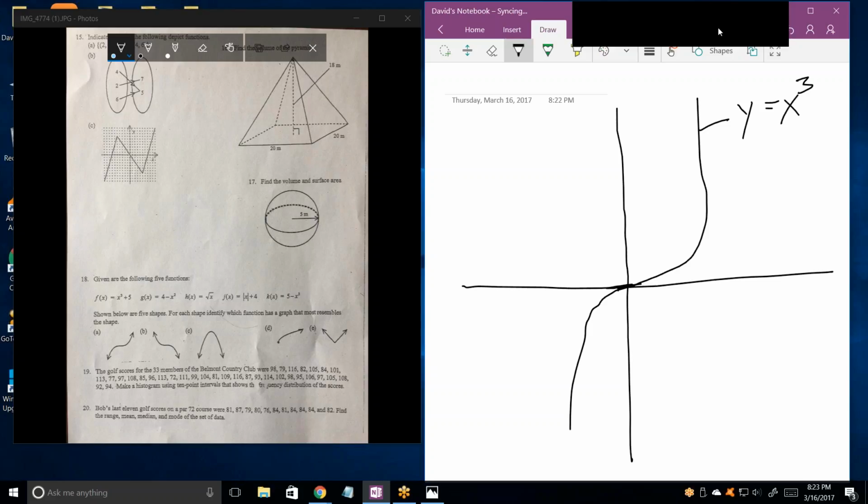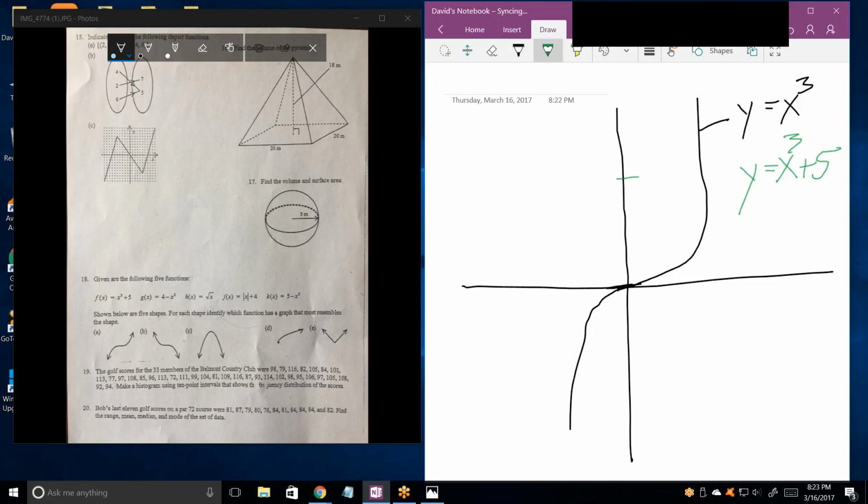Well, if I were to look at f of x that has x cubed plus 5 and want to draw that, y equals x cubed plus 5, it would be my black curve shifted up by 5 units.